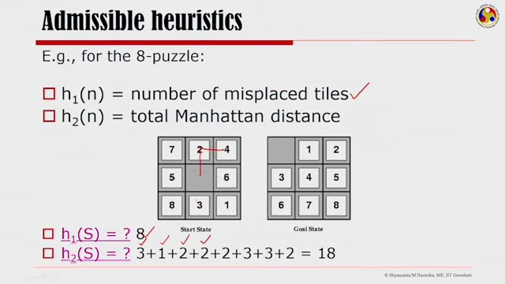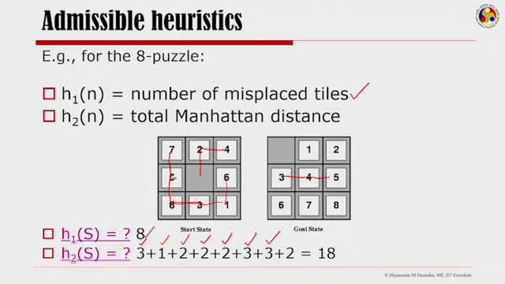Number 5 similarly would be 1 step and 2 steps. Number 6 would be 1 step, 2 steps, and a 3, so 3 steps. Number 7, let's count here: 1 step, 2 steps, and 1 step more, so 3 steps.